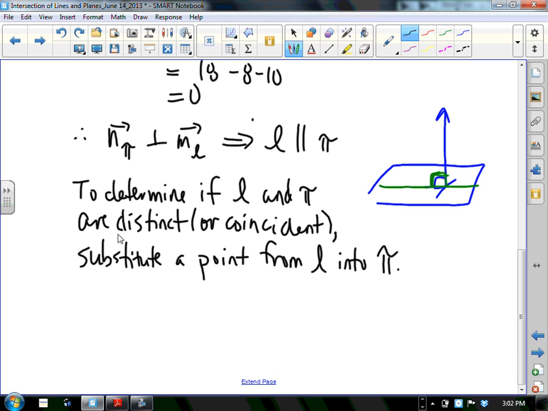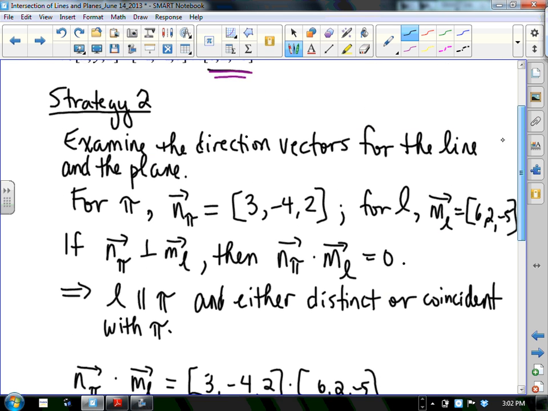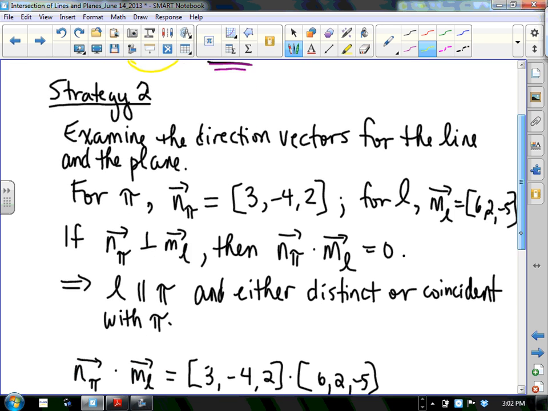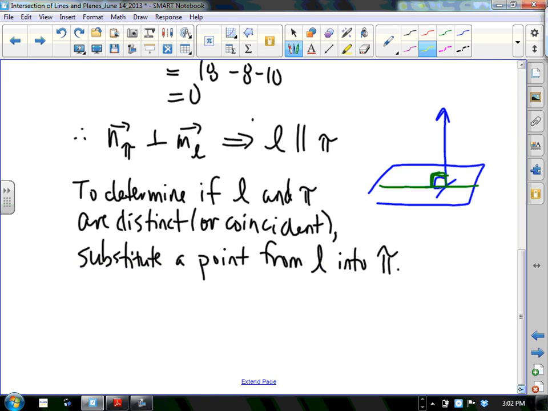If the point satisfies the equation for the plane, then we know that they're coincident. If it does not, they're distinct, yet still parallel, and having no solutions. So let's take a point, and we do have a point available to us. Look back at the line, and you'll notice we've got (2, -1, 5). So we could take that and substitute it in.